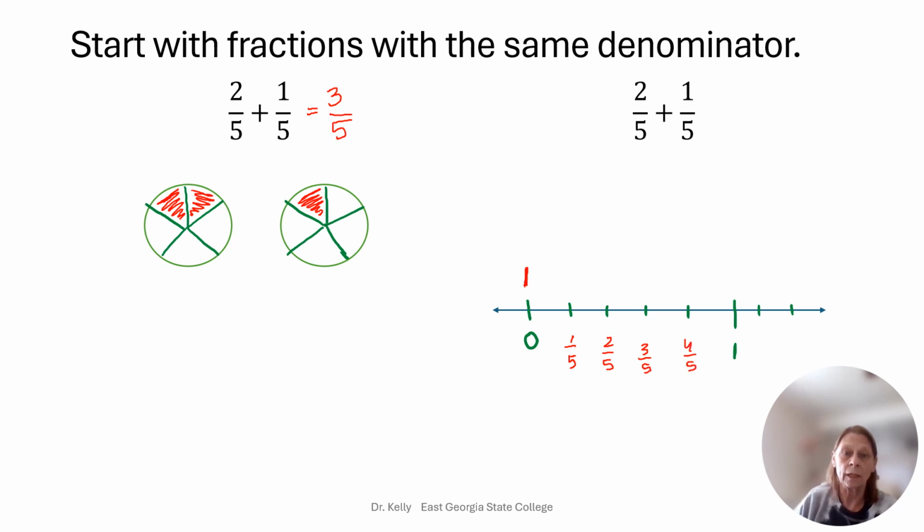I totally love the idea of bringing home the idea of 1 is the same number over the same number. It's good to start pushing that narrative early. So there's our 2/5, and then we're going to add another 1/5, and our solution here is 3/5.